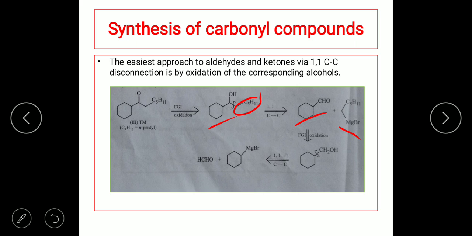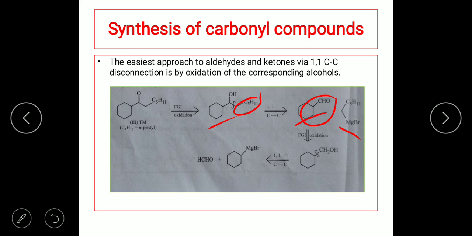Now you can further disconnect this aldehyde, that is we are going to make use of the functional group interconversion. Again we can make use of the oxidation here, that is the CH2OH on oxidation gives rise to the aldehyde, right?